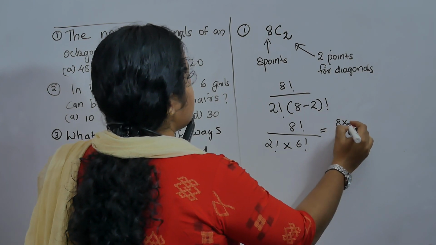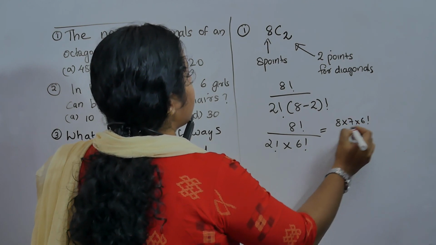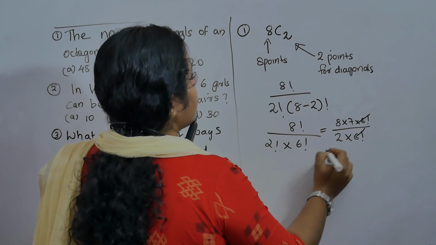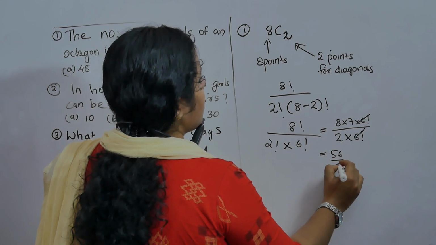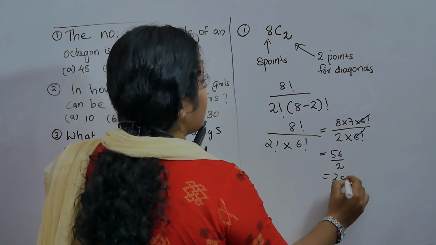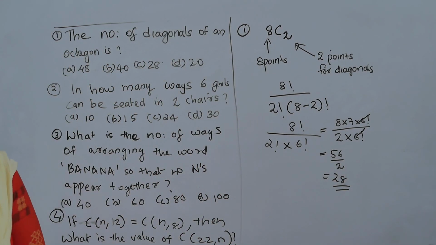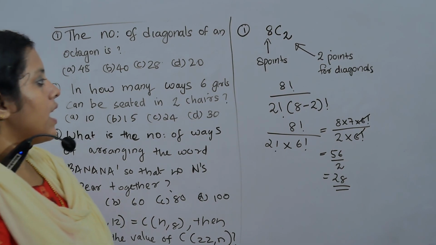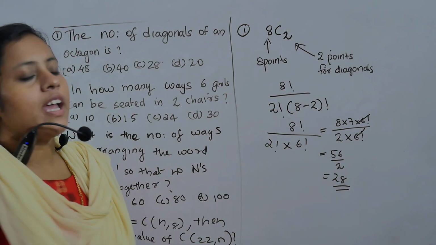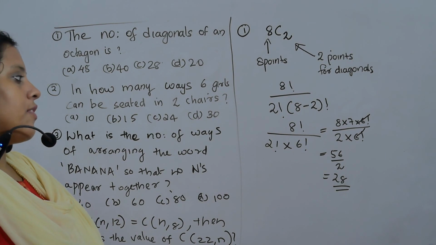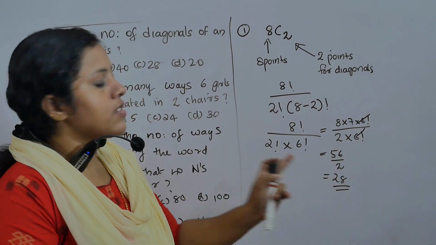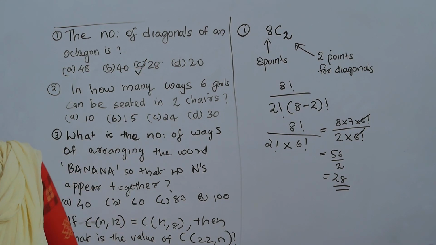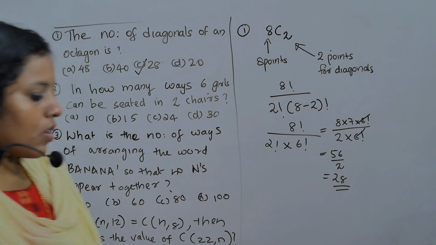That is 8 into 7 into 6 factorial by 2 into 6 factorial. That is 56 by 2, which is 28. Understood? This is how you will solve nCr. We write the formula, cancel, and solve. So our answer is 28. It's clear now.